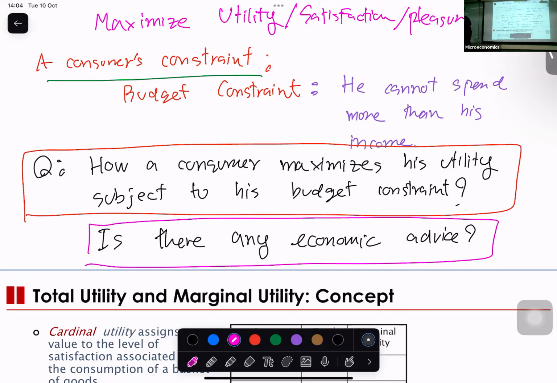So this chapter is about an economic rule, an economic discipline that can help this guy make this decision: maximize his utility subject to the budget constraint.